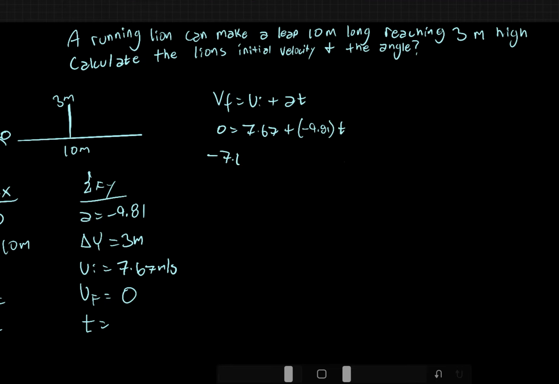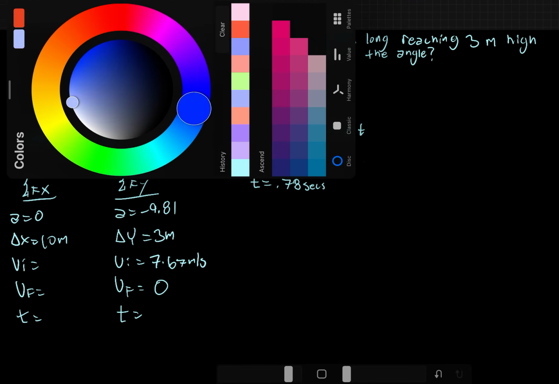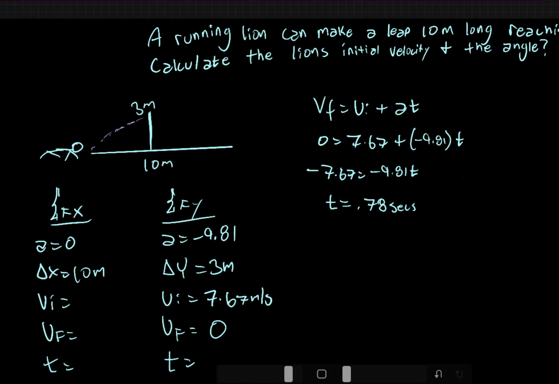So we'll subtract 7.67, and we have negative 9.81. So our time is 0.78 seconds. This time, I want to be specific, is only to this point at the top here. 0.78 seconds to make it to the top.